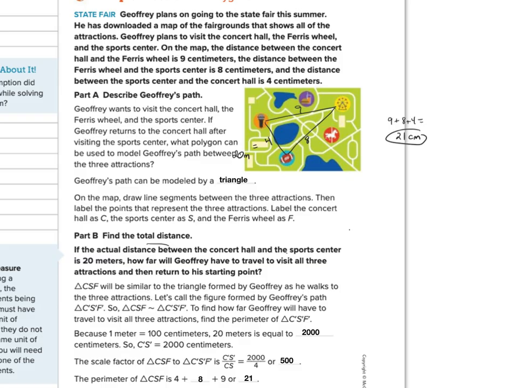In this case, it looks like I have 20 meters over 4 centimeters. So it looks like 5 meters equals 1 centimeter, or 1 centimeter equals 5 meters.